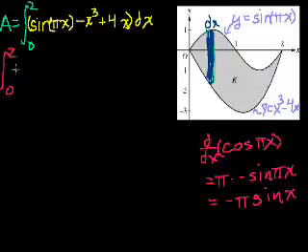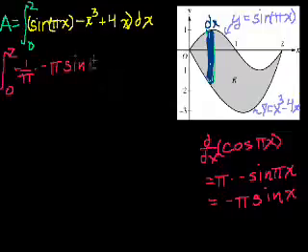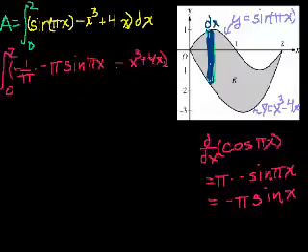So let's write a minus 1 over pi times a minus pi. All I did, when you evaluate this it equals 1, so I can do this times sine of pi x, and then that's minus x to the third plus 4x, and then all of that times the width dx.